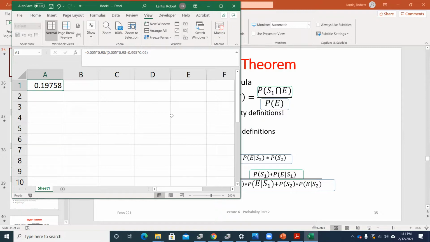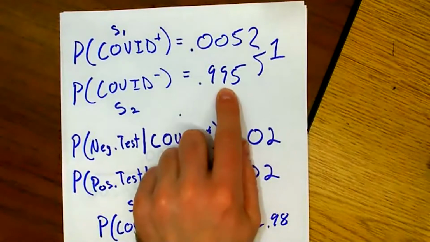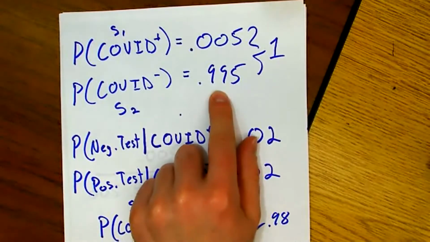So if we made every single person go out and get a COVID test today, the issue is that the false positive rate isn't high, it's 2%, but most people at any given point in time don't have COVID.